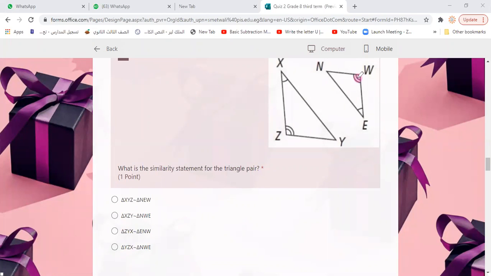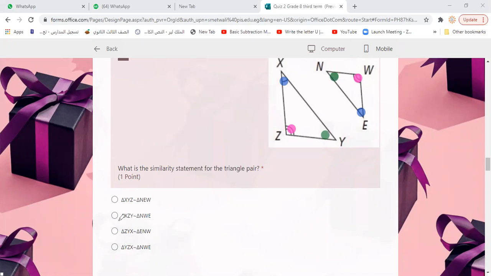So we can see that angle W with angle Z, then angle X will be congruent with angle E, angle W congruent with angle Z, and the third angle, for sure, will be equal to the corresponding angle, which is angle Y with angle N.